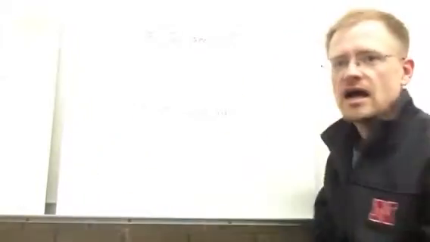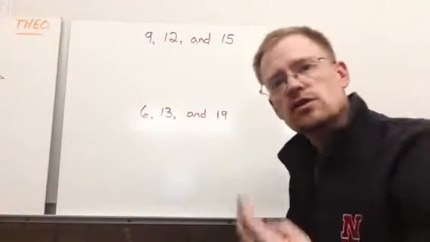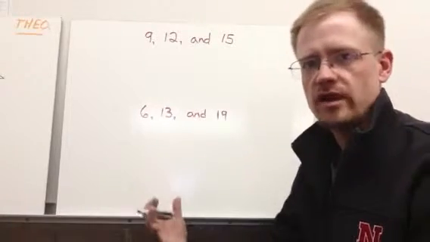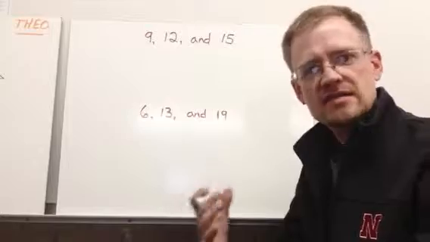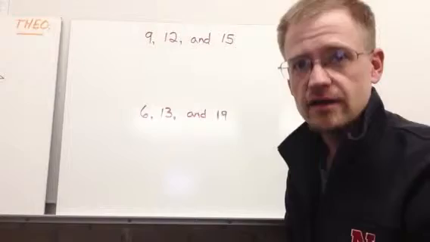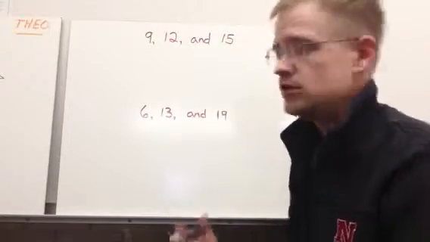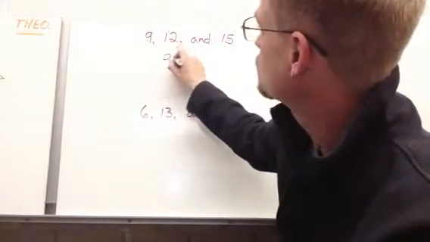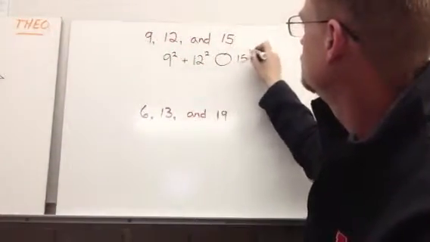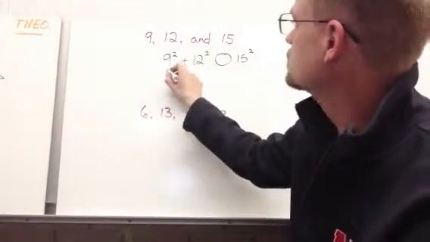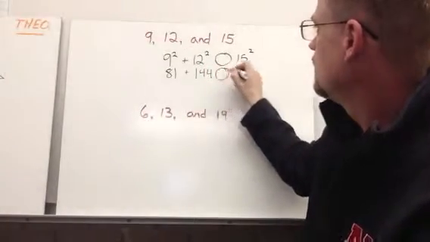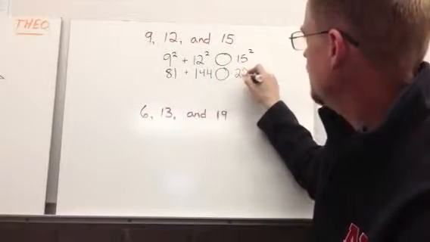All right, 9, 12, and 15. So look at the two smallest sides, 9 and 12. Add them together, we get 21. Is 21 greater than 15? Yes, so we have a triangle. Now we need to do the test using the Pythagorean inequality theorem to see if it's acute, right, or obtuse. So, 9 squared plus 12 squared, we're going to compare that to 15 squared. 9 squared is 81, 12 squared is 144, and 15 squared, I believe, is 225.